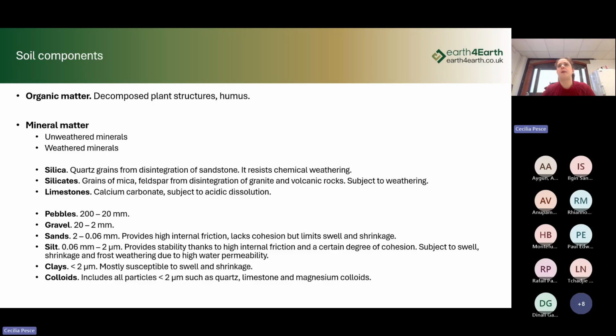So quartz grains can be as small as clay, but still the chemistry is the same as the original quartz, and these cannot be weathered, and also they are not reactive if we use a stabilizer.